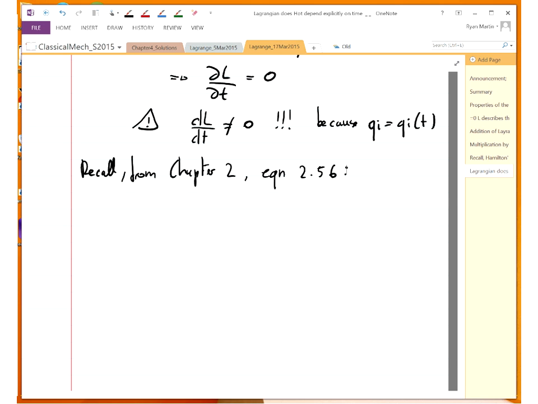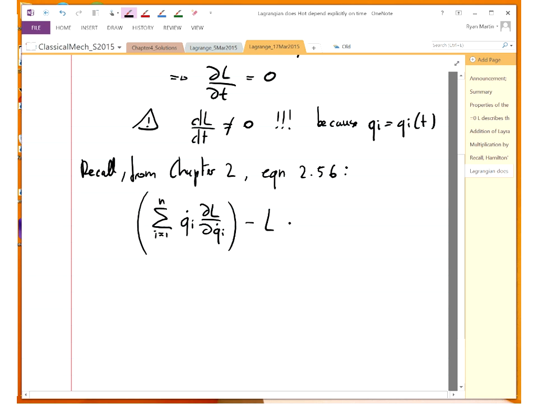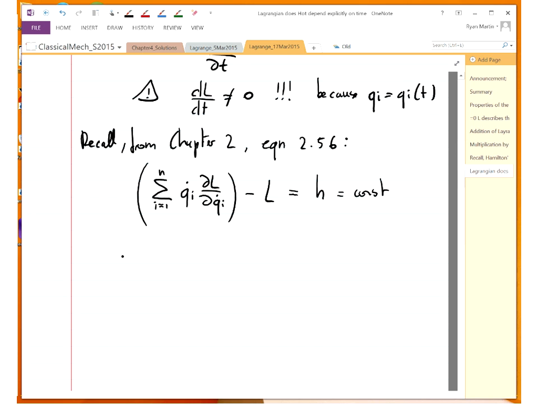Back then we were using x as the dependent variable, but I'm going to write it with t's instead of x's. We found that the sum from i equals 1 to n of qi dot times dL by dqi dot, minus the Lagrangian L, is equal to h, lowercase h, which was a constant.